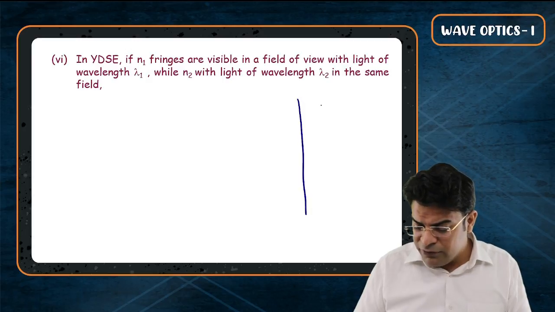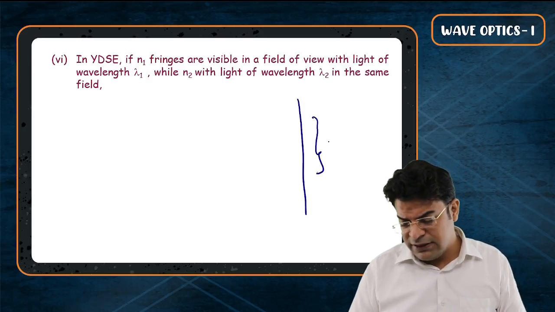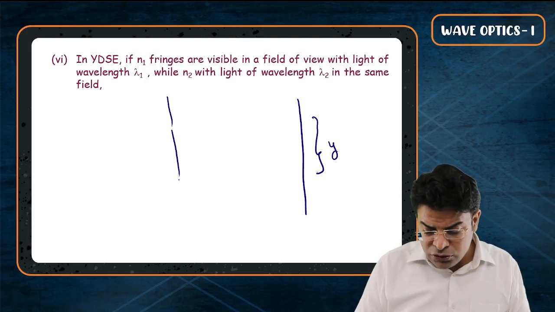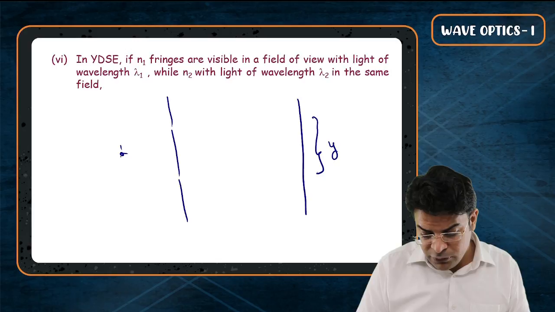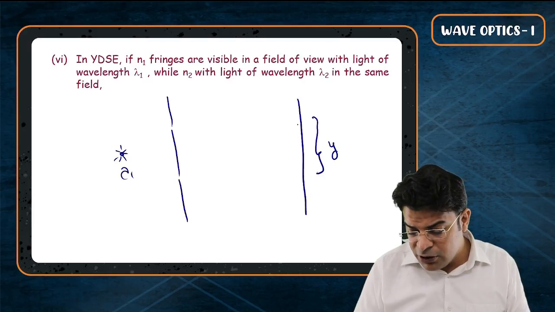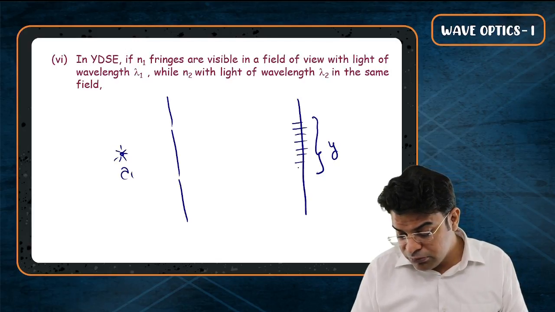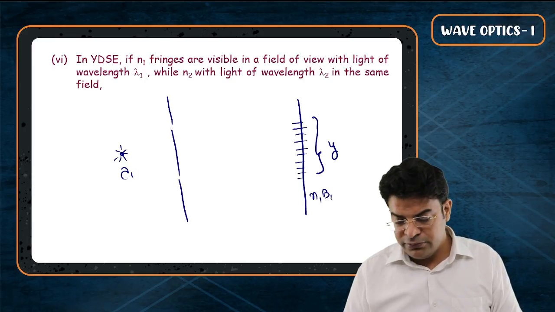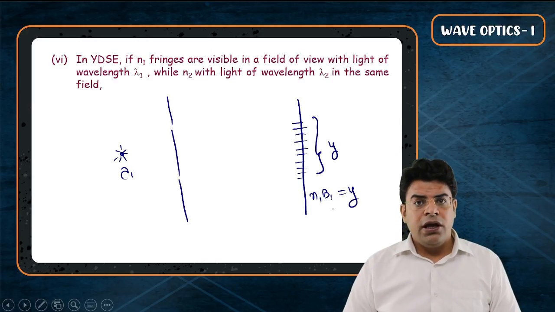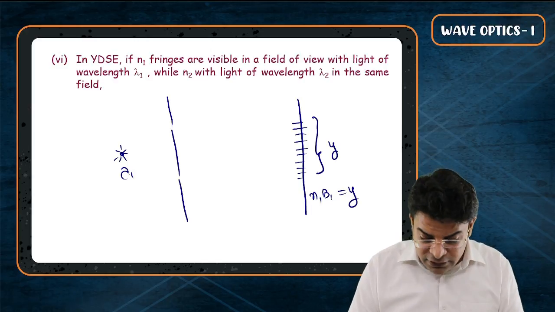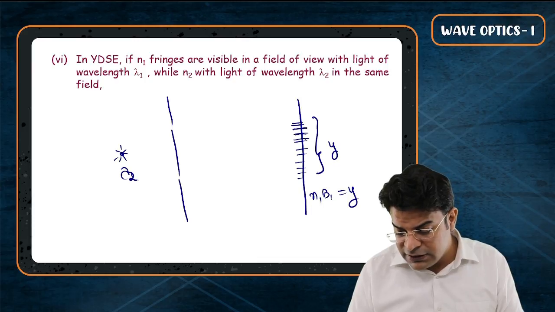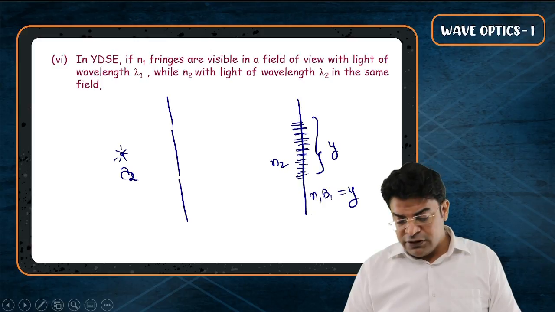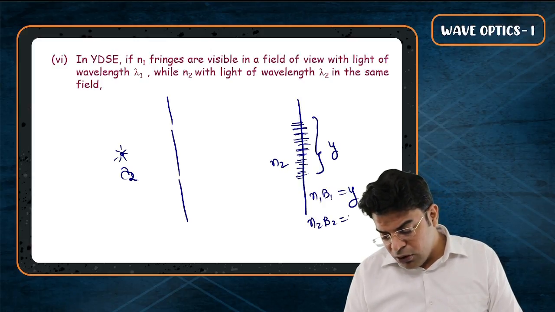Let's think we are looking at a certain length, let's say y of the screen. When we use a source of wavelength lambda 1, we are able to see n1 fringes. So we can say that n1 into beta 1 equals y. If on using another source of wavelength lambda 2, you see in the same field of view n2 fringes, then n2 into beta 2 also equals y.